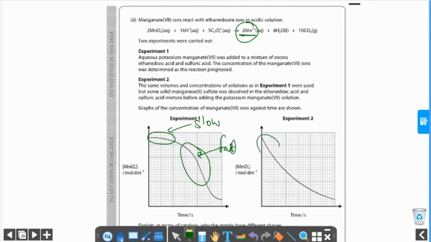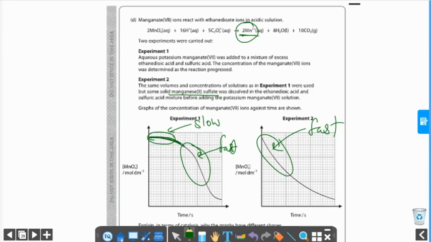Here, from the beginning itself, the drop is greater and faster because the catalyst is already there. The catalyst we are adding in experiment 2 is manganese 2 sulfate. That's the explanation.